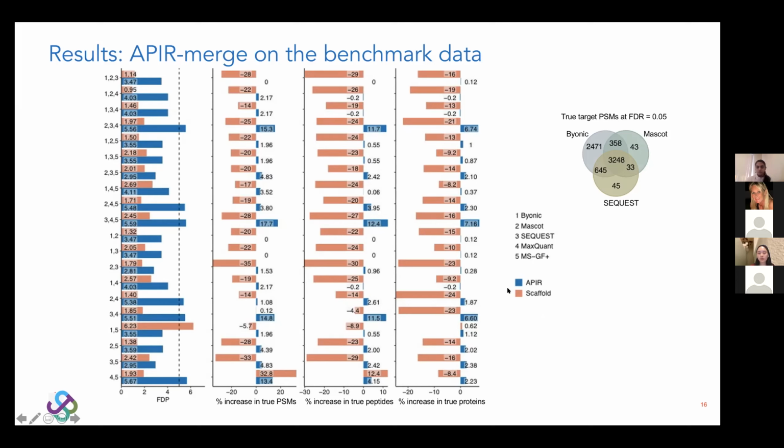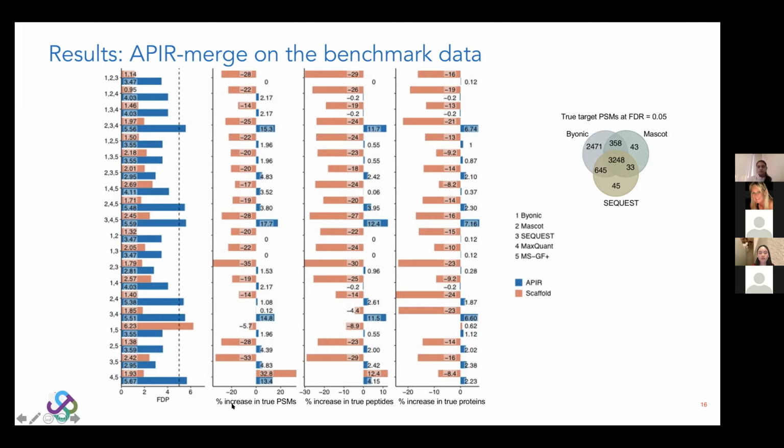Here we compare APIR with Scaffold. There are several methods that could combine search algorithms, but Scaffold is the only one that's compatible with all these five search algorithms. You see, in terms of FDR control, APIR and Scaffold do a pretty good job across all these combinations.